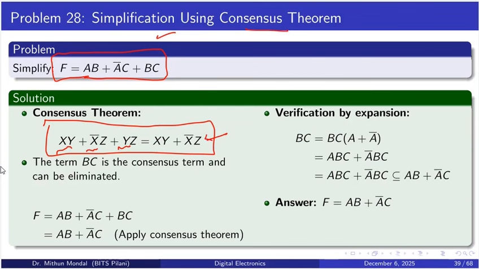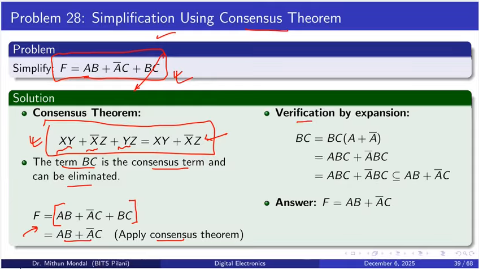So here, if you see this function and this consensus theorem, we find that the term bc, the consensus term, can be eliminated by properly applying it. So for the function ab plus ab bar c plus bc, when we apply the consensus theorem, we can eliminate the bc from this expression and we will get ab plus ab bar c.